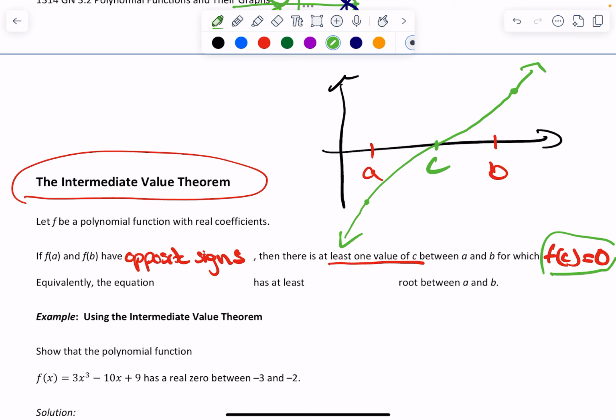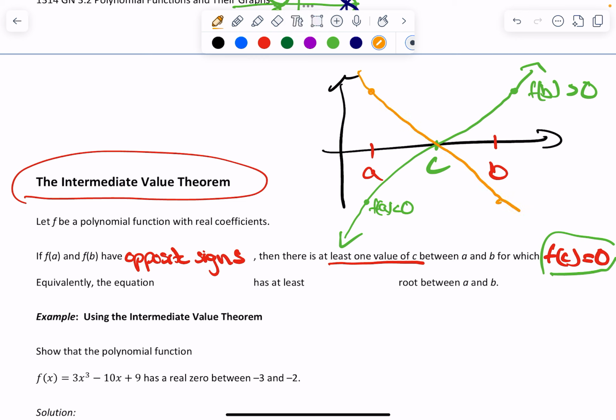Now notice f of A is over here, so f of A is less than 0, it's a negative, and f of B over here is going to be greater than 0. So the signs are opposite. It could go the other way around as well. So we could have f of A over here and f of B over here. They just have to be on opposite sides.